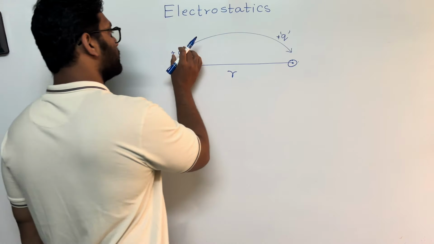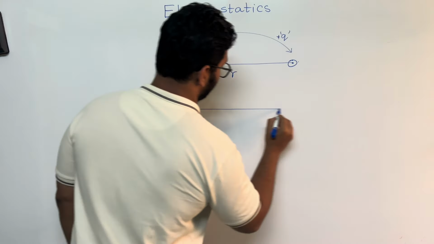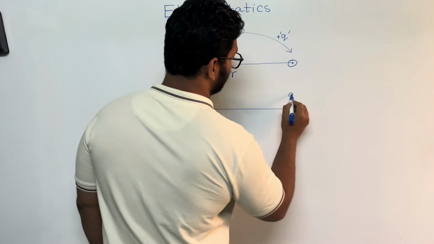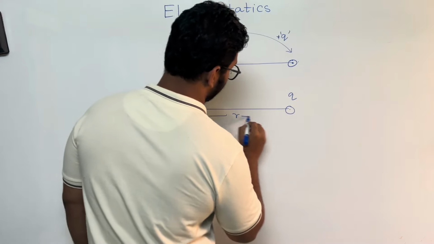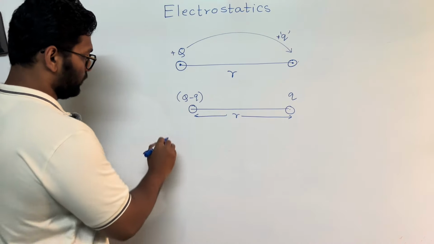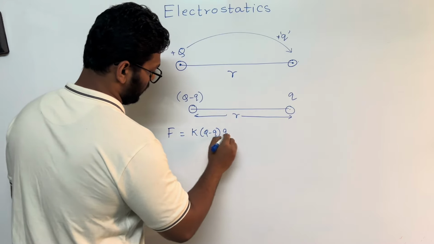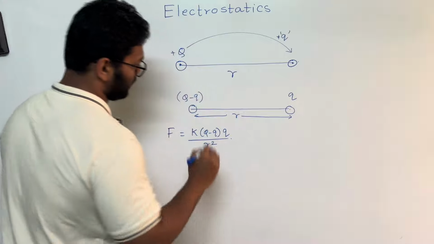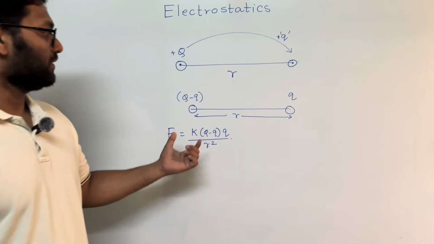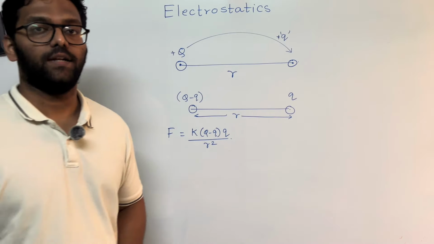If I transfer this small q charge from here to here, then this will become Q minus q and this charge will become q. The distance between them is R only, right? Now the new force will be K times Q minus q into small q divided by R square. Now I want to maximize this force, so I will take a derivative with respect to q.